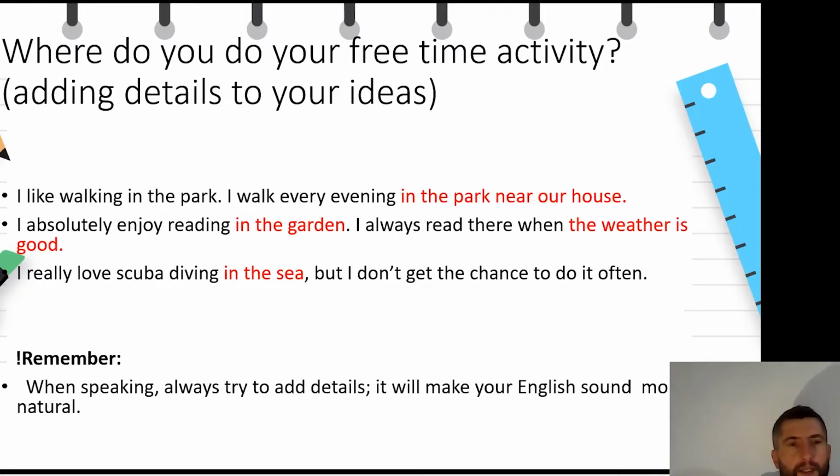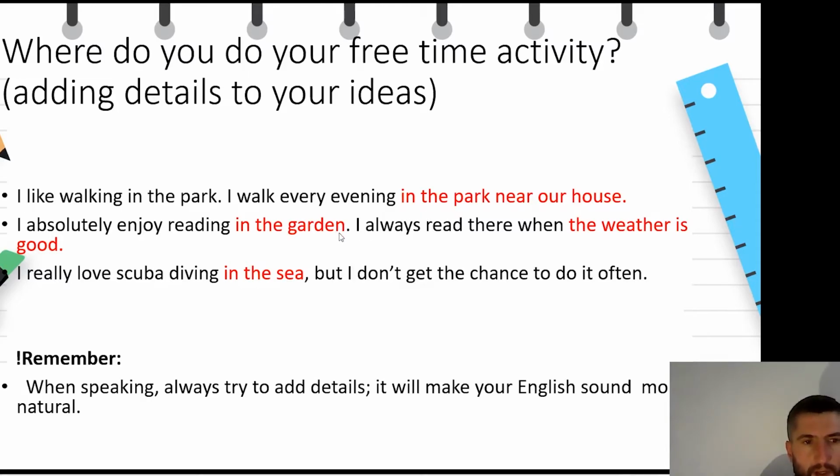So as we can see here, we have added some information as to where we want this activity to happen. For example, in the first example, we would like to walk in the park. So where's the park? It is near our house.